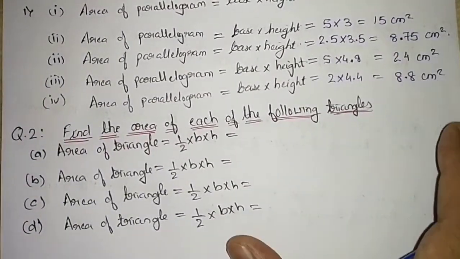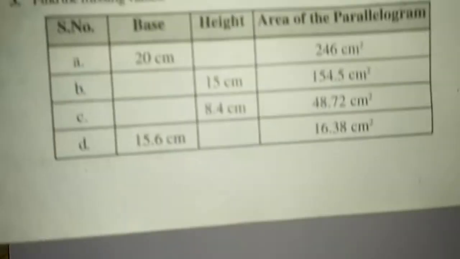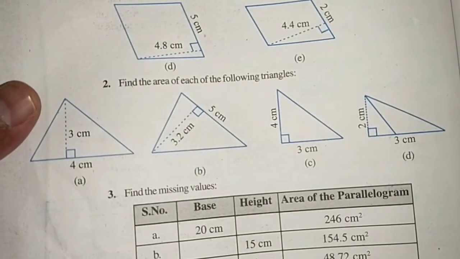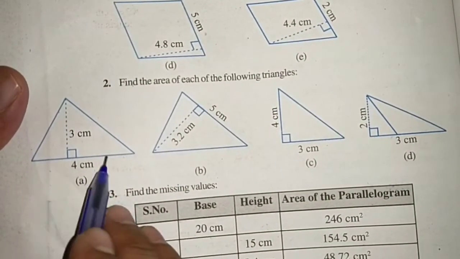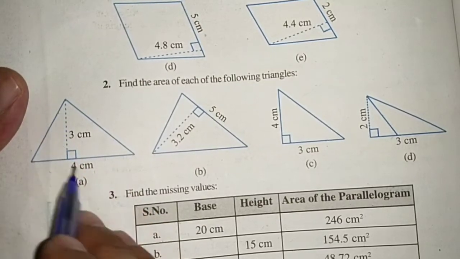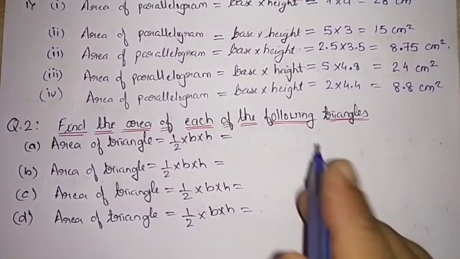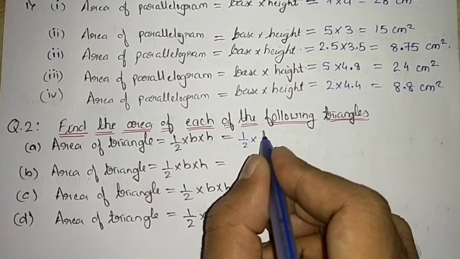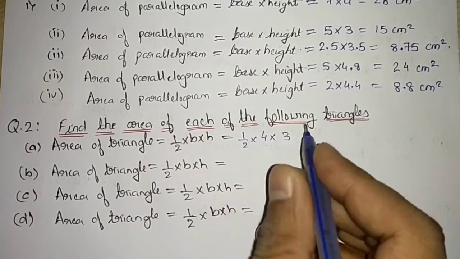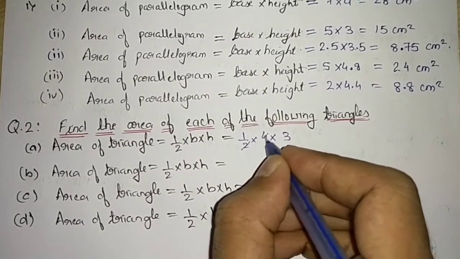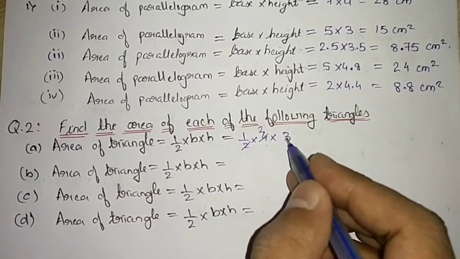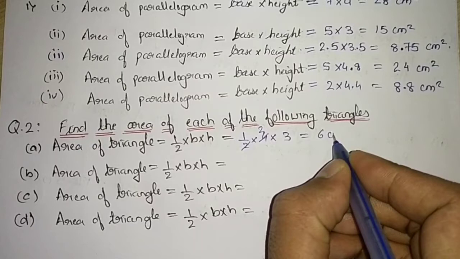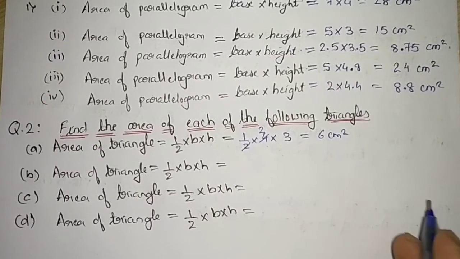Again they have given us the triangles, like they have given us parallelograms. First is base is 4, height is 3. So I will write half into base is 4 and height is 3. 2 1s and 2 2s will cancel out, so we will be left with 6 centimeter square.